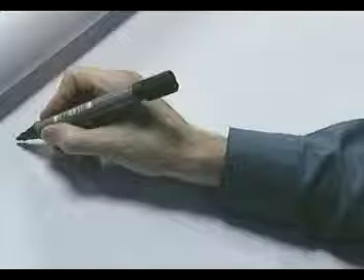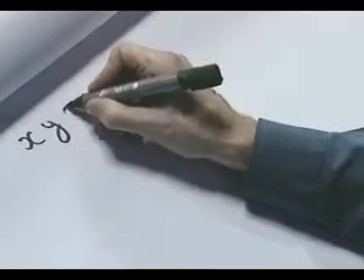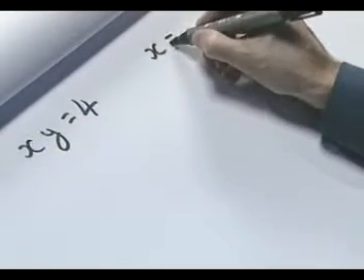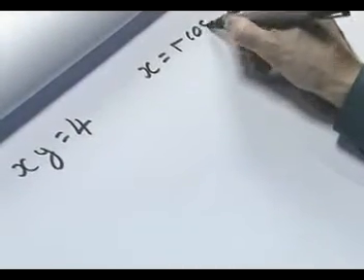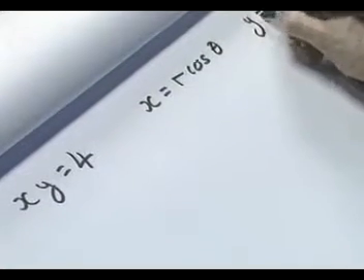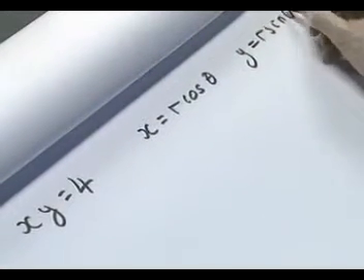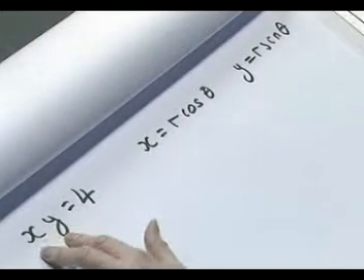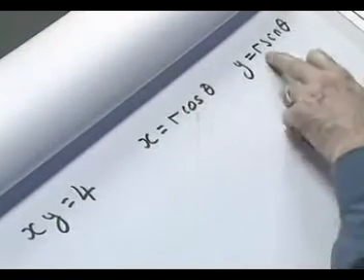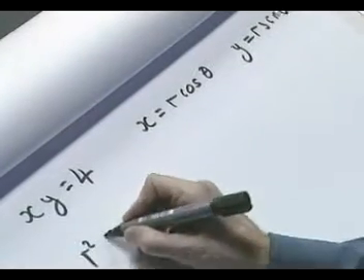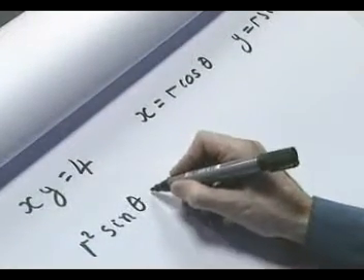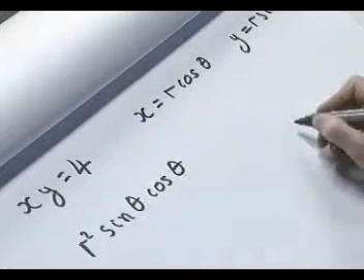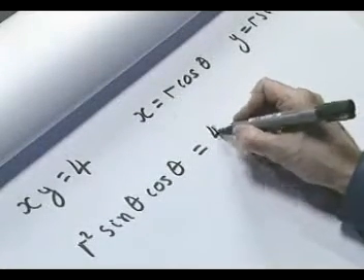Let's take the rectangular hyperbola, xy is equal to 4. And again, we're going to use x equals r cos theta and y equals r sine theta. So we're multiplying x and y together, so when we do that we're going to have r squared sine theta cos theta equals 4.